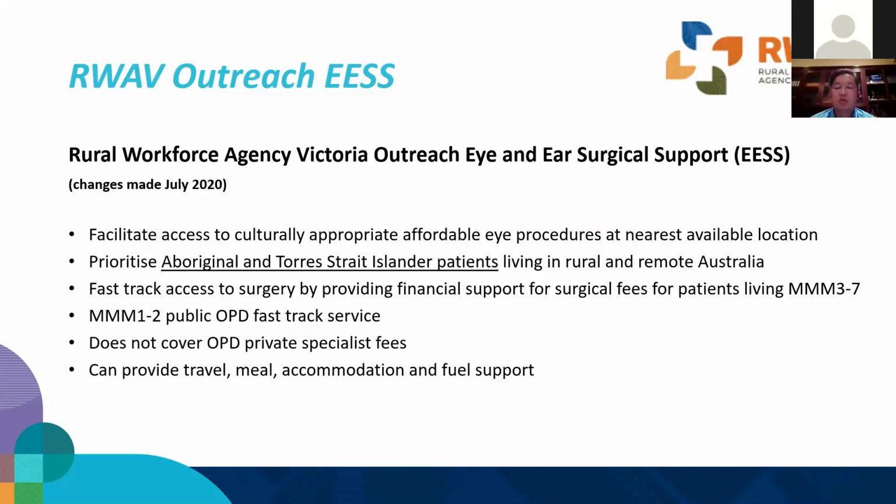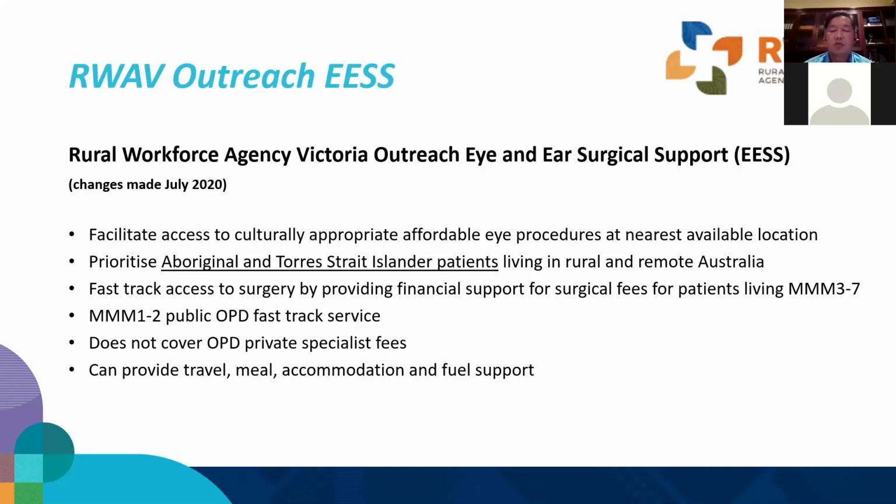So some of you may be aware of the Rural Workforce Agency Victoria outreach. It facilitates culturally appropriate, affordable eye procedures at the nearest available location, and prioritises Aboriginal and Torres Strait Islander patients living in rural and remote Australia.